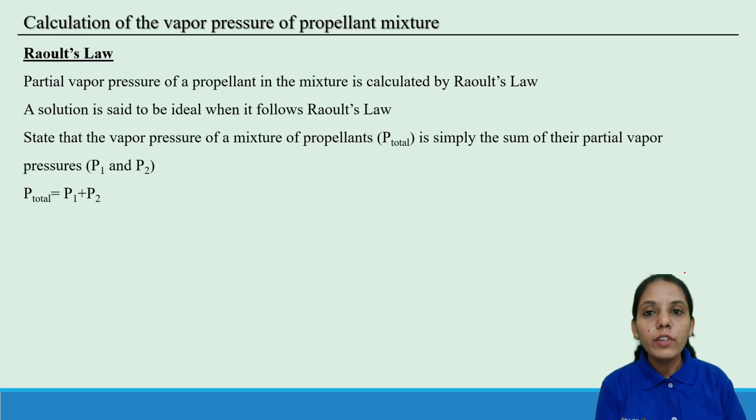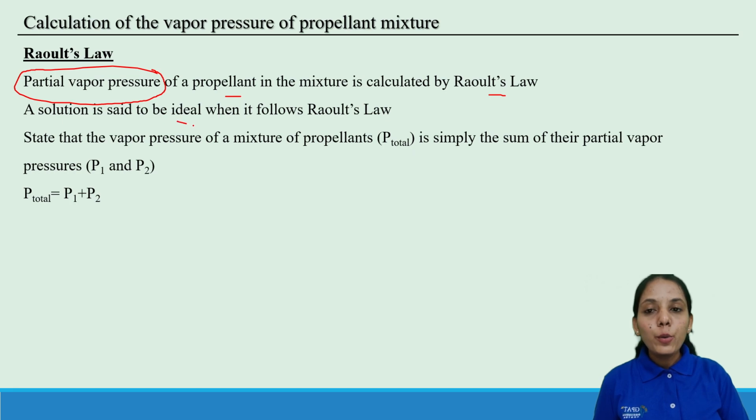Now calculation of the vapor pressure of propellants. Basically there are 2 laws, Raoult's law and Dalton's law. According to Raoult's law, the partial vapor pressure of a propellant in the mixture is calculated. Raoult's law is for the partial vapor pressure.